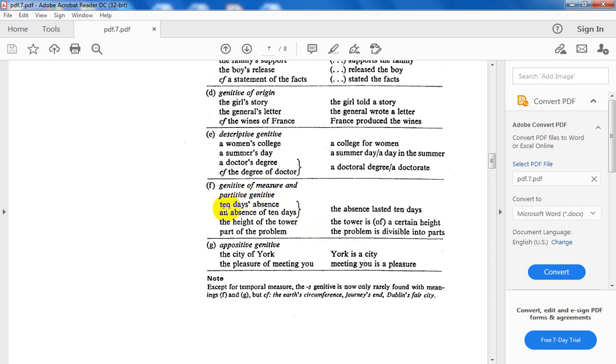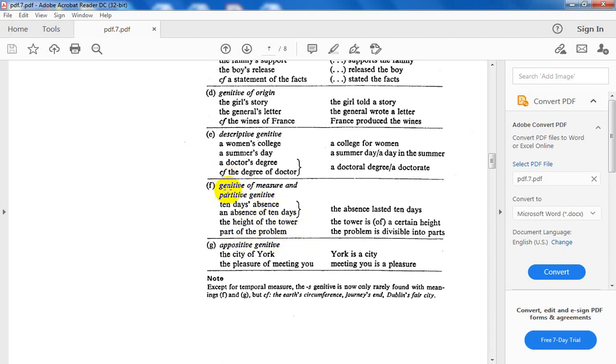Genitive of measure and partitive genitive. Ten days' absence: both of them are supposed to be inanimate, but they take the S genitive. An absence of ten days: at the same time it takes the two forms. The height of the tower, part of the problem.